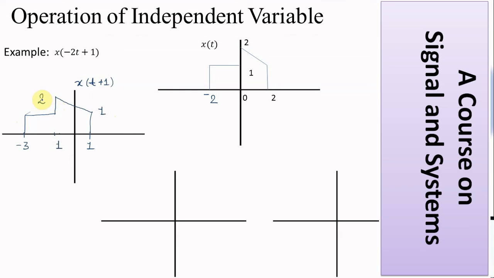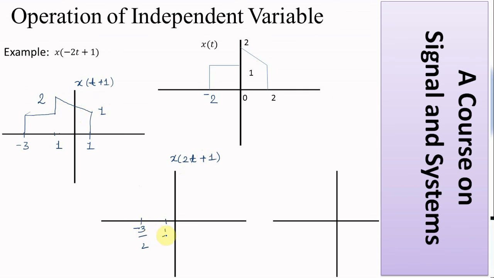Now the second operation that I have suggested is scaling. Scaling is x of 2t plus 1. So understand that in this signal I will perform a scaling now, which means I will divide the time axis by 2, because here the value of a is 2. So the -3 point will become -1.5.